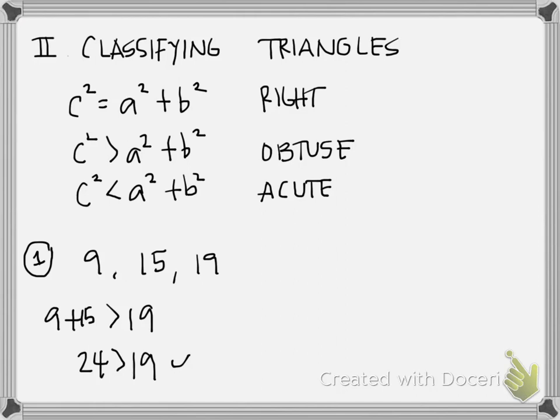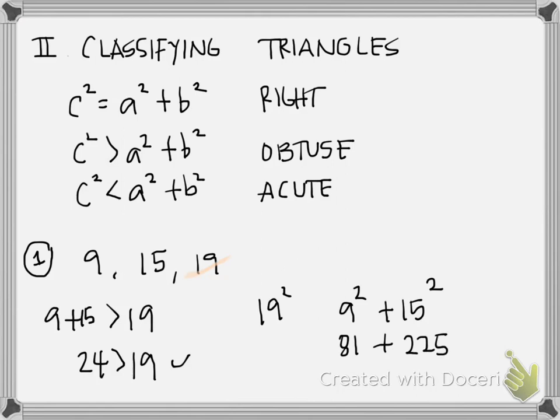And then we're going to take my largest side and square it. So 9 squared plus 15 squared. 9 squared is 81. And 15 squared gives you 225.